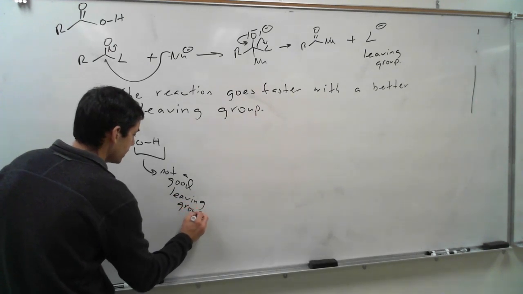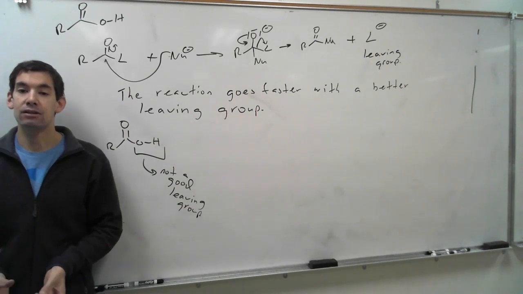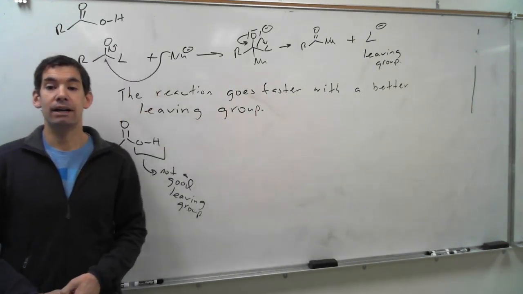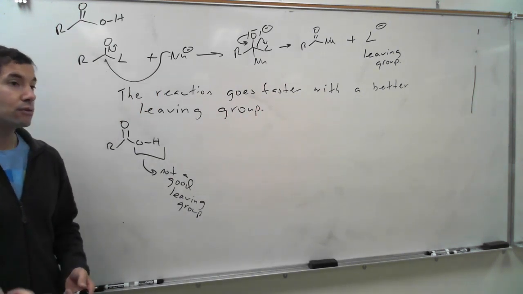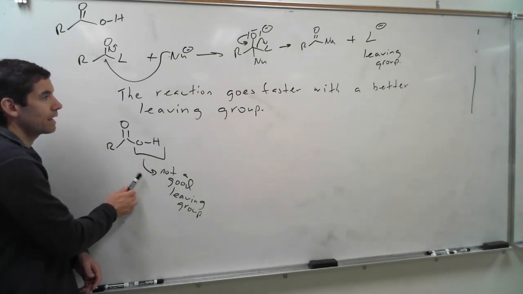It's not a good leaving group because, remember, when the OH group gets kicked off, it makes OH minus, and we know OH minus isn't very stable. It's pretty reactive because we use OH minus multiple times to do lots of different reactions, as a base and as a nucleophile. So our OH group here is not a good leaving group.